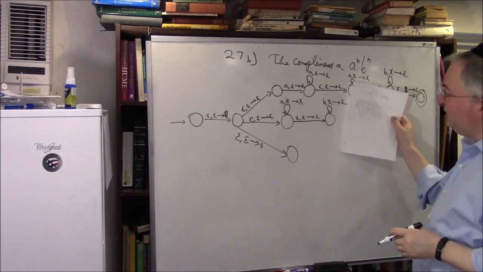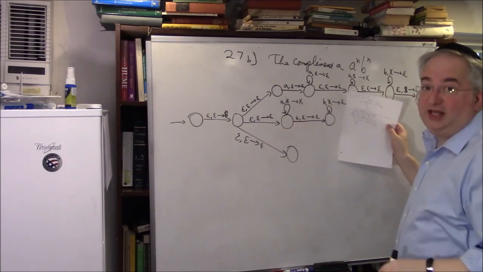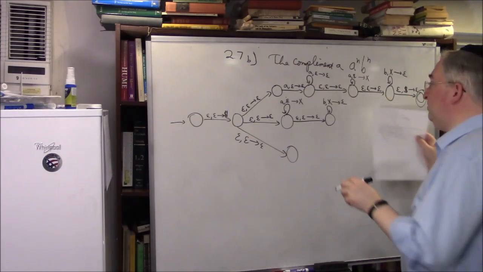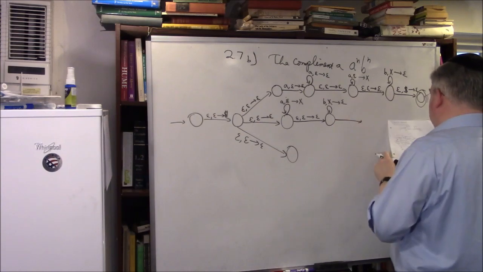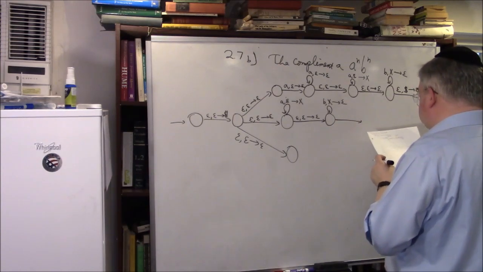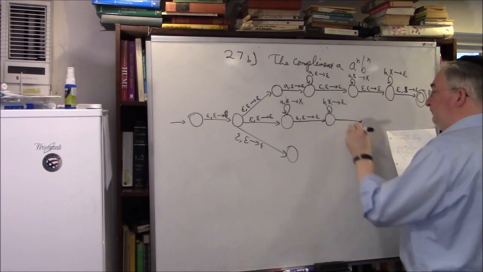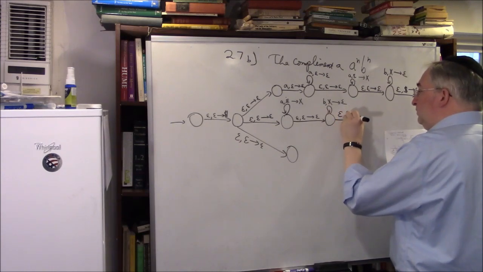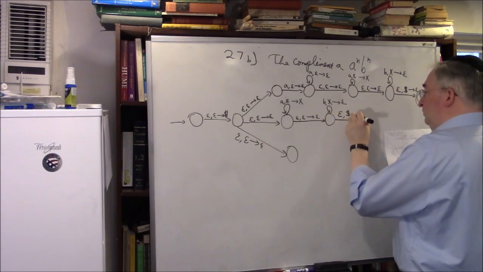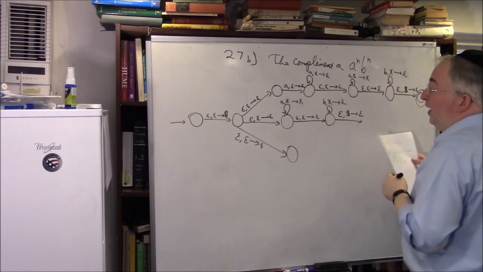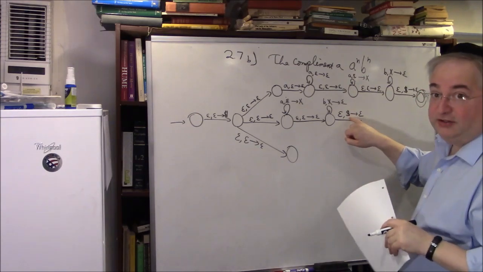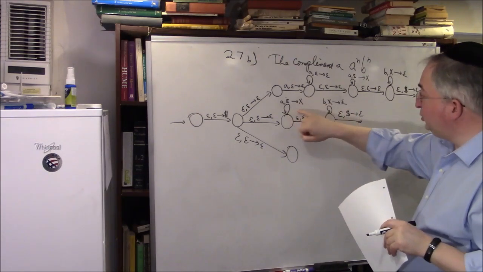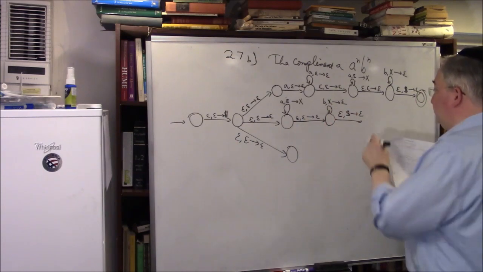Okay, so this itself right here is A to the n, B to the n. But now we want something new. Okay, what do we want new? I next read a $ sign. Okay, I finish pushing, I finish popping, I read a $ sign.